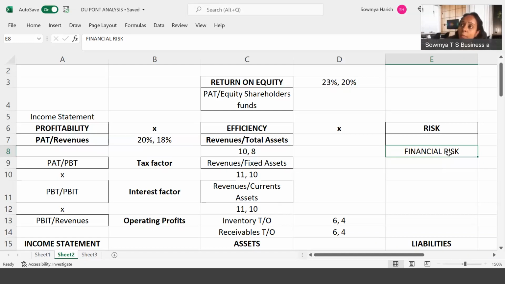When the assets are taken over, obviously it will lead to the dissolution of the business. So proper management of risk can add an advantage to the firm, whereas mismanagement of this financial risk can lead to liquidation or winding up of the company. And having debt or borrowed funds, is it good or not? Let's have a look at it.